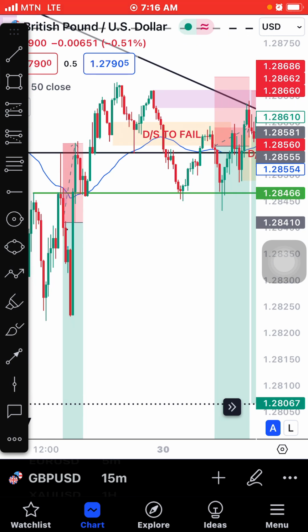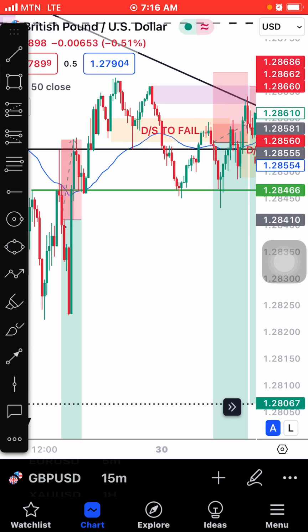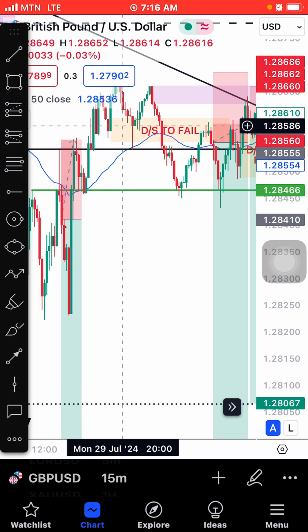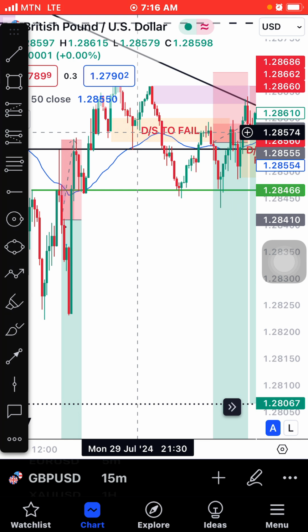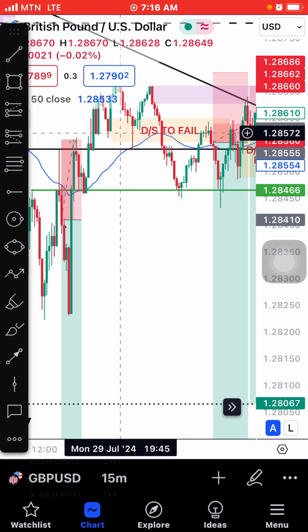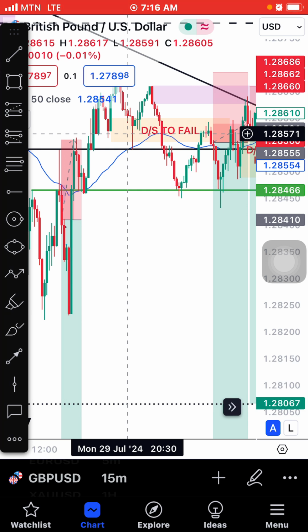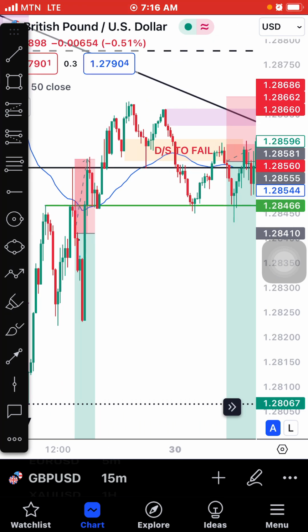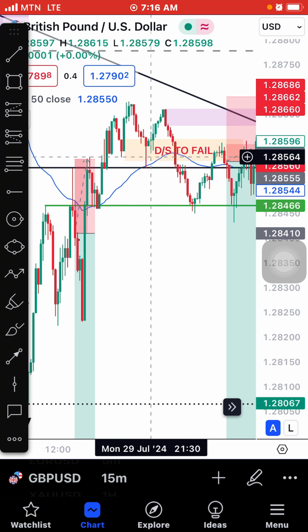This one is based on the swing trading strategy. On the 15 minutes time frame, I marked up my demand area which I wanted price to trade below to indicate that the selling pressure is beginning. So that's this area.